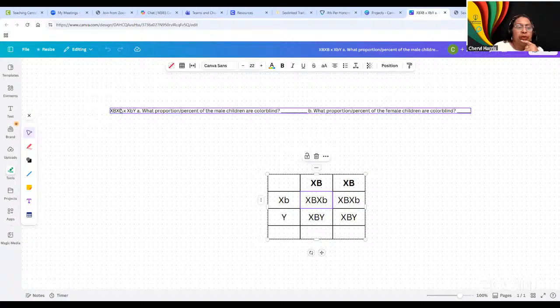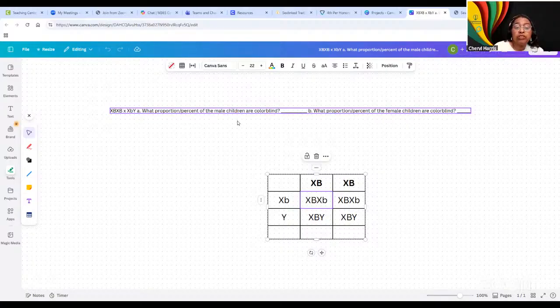You have two X's, so the female here is normal for color blindness. She's not colorblind. Both her alleles have a capital B, and they're being crossed with the male who has color blindness because his X has a lowercase b, nothing on the Y.